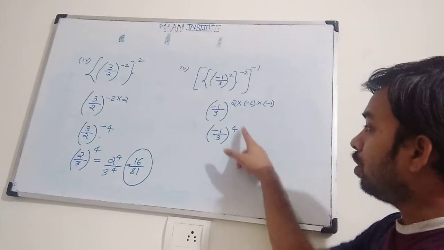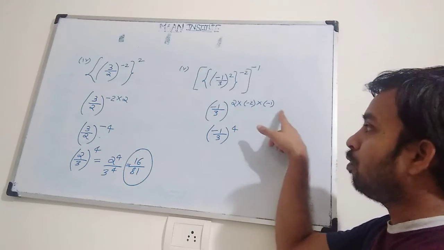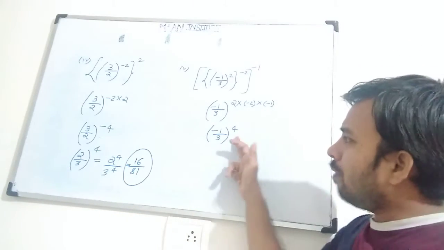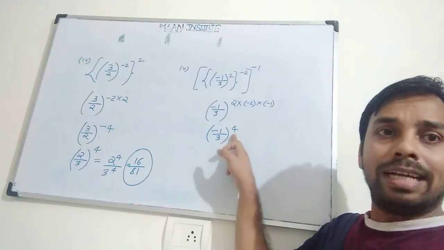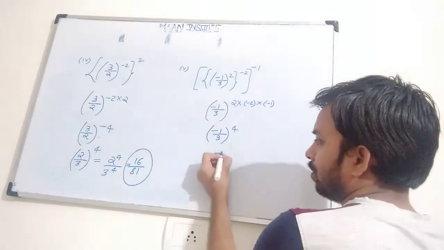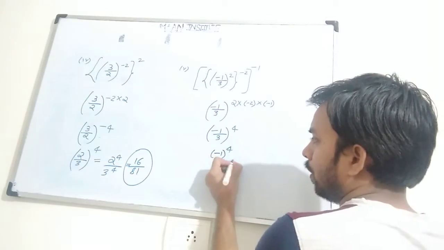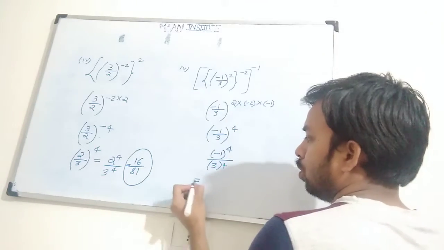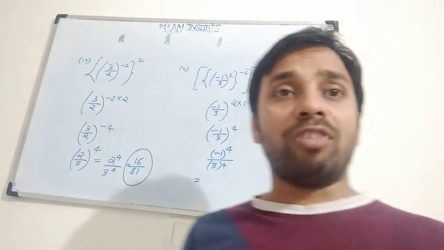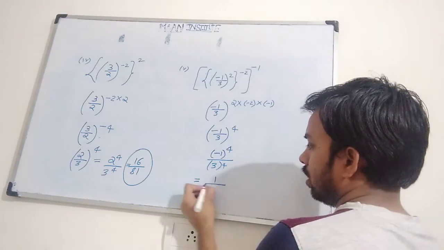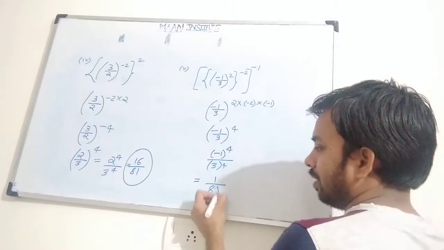Again, there are no negative terms in the exponent, so we will go further. So what will we write? Minus 1 to the power 4, 3 to the power 4. Whatever the power, 1 is just 1. Right? So it becomes 1. 3 to the power 4 is 81.